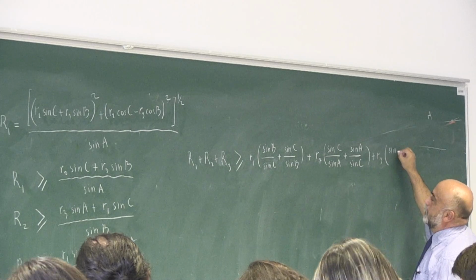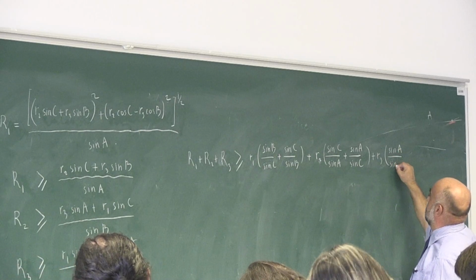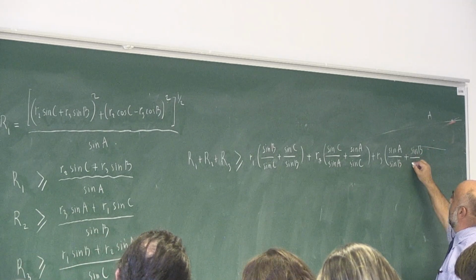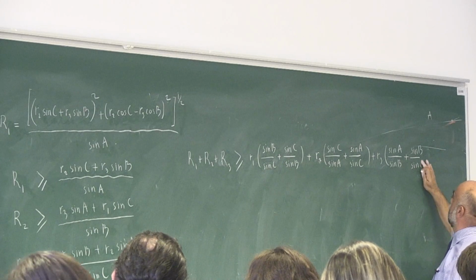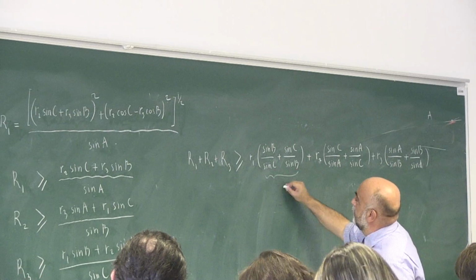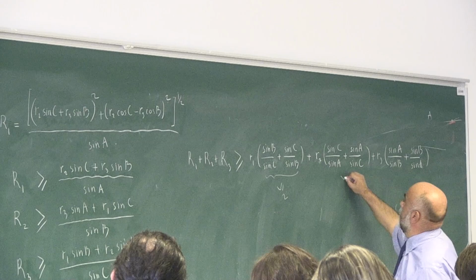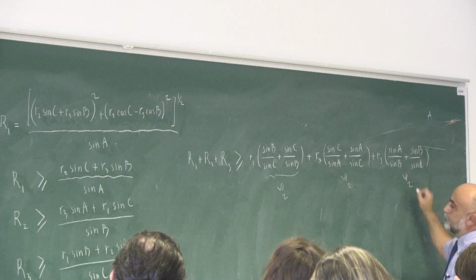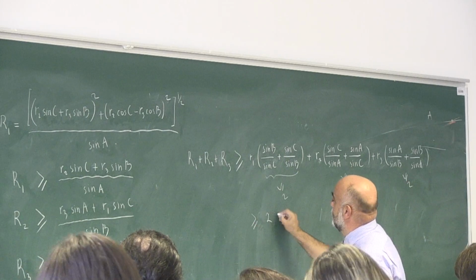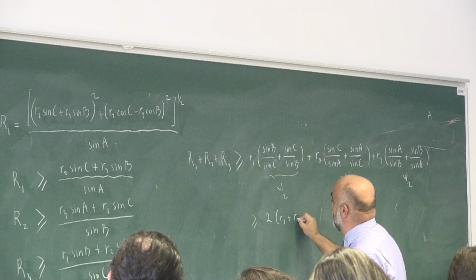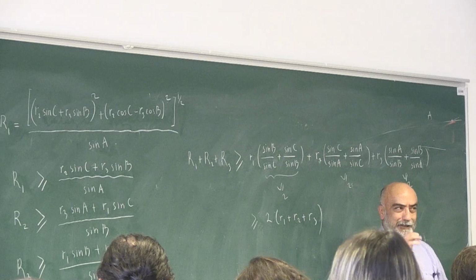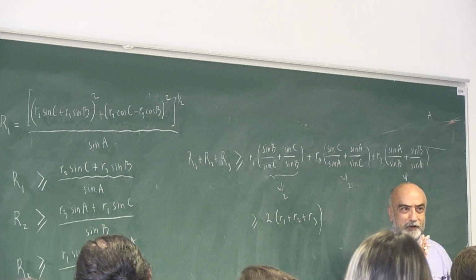Sine A, sine B. As you can see, I can close my eyes and just write down the equations because I've chosen my notation in cyclic fashion. Each one of these things is larger than 2. Larger than 2. Larger than 2. So we get 2 times R1 plus R2 plus R3. It's done. It's done.